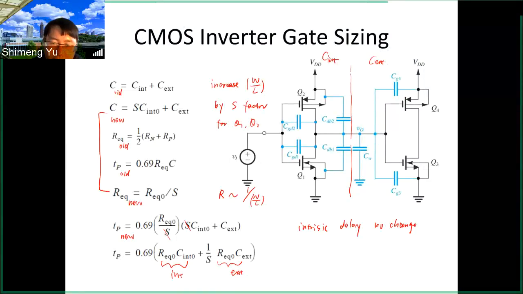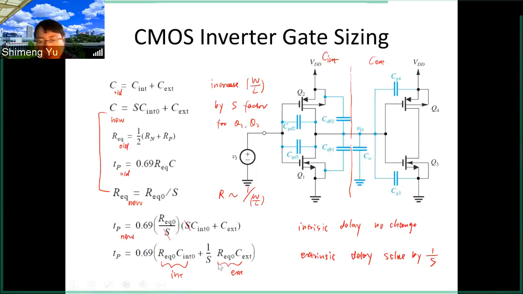But the extrinsic delay will scale by 1 over S, because the extrinsic capacitance has no change, but the resistance decreased by S. So the extrinsic part decreased by S. So overall, the delay reduces, but not by a factor of S.